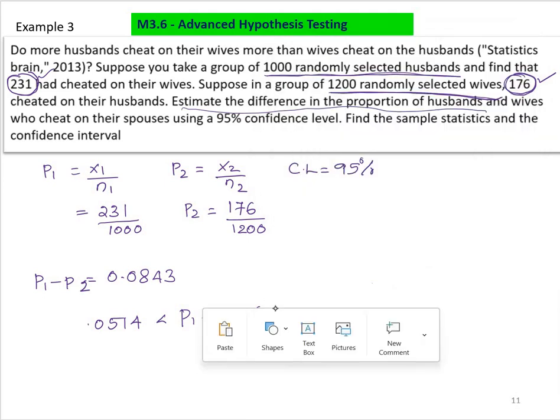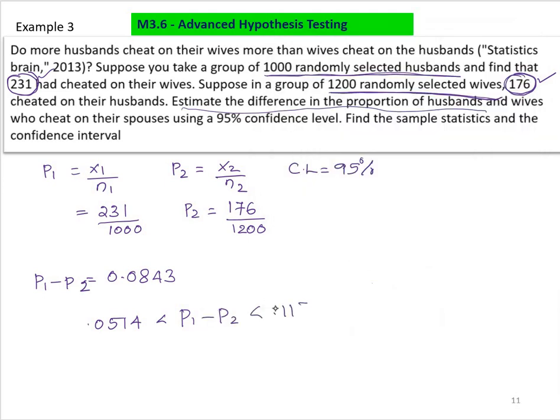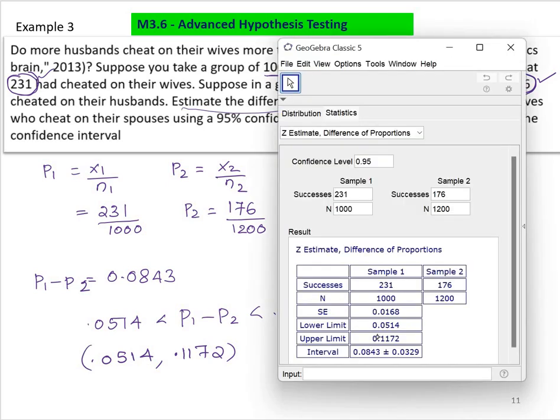Okay, so that is the confidence interval. Actually, in between that, if we want, we can write 0.0514, 0.1172, that's the interval. Okay, so we can check that one. 0.0514 is the lower limit, and 0.1172 is the upper limit. So the estimated value will be in between that. Okay, that's very simple, right?